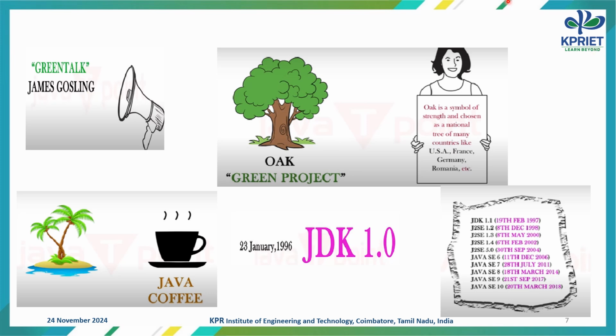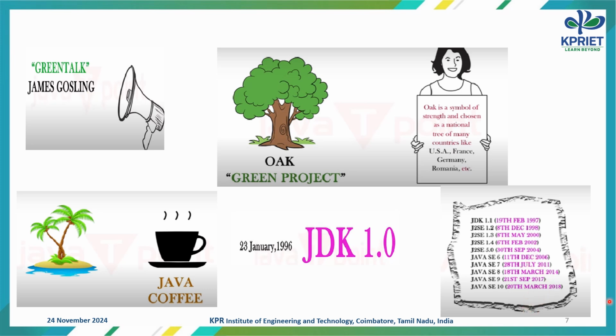Initially it was developed by James Gosling at Sun Microsystems, which we know is a subsidiary of Oracle Corporation, right? And it was released in 1995. After that, they started to release versions like JDK 1.0 and JDK 1.2, 1.3.